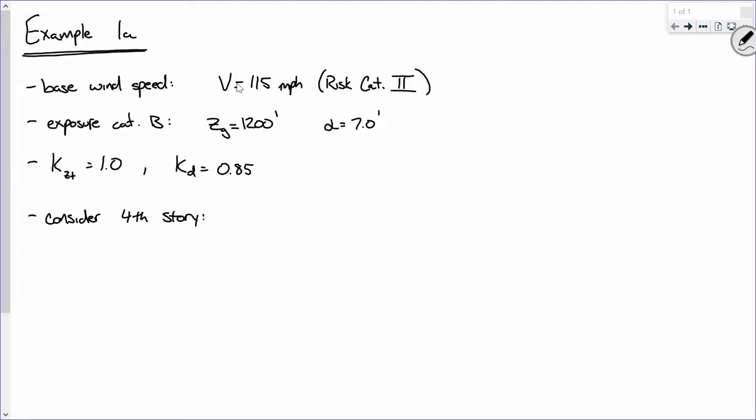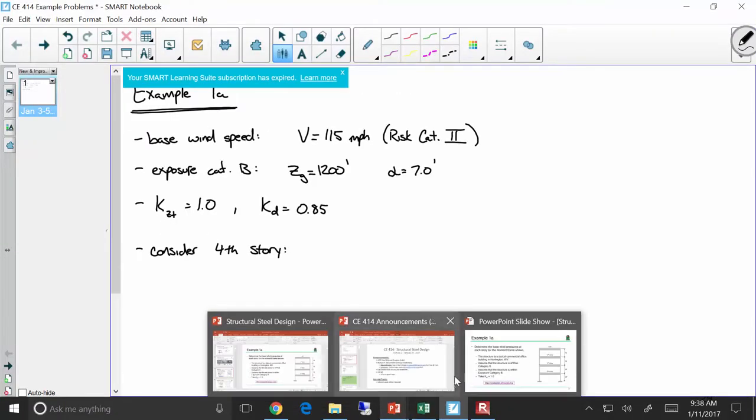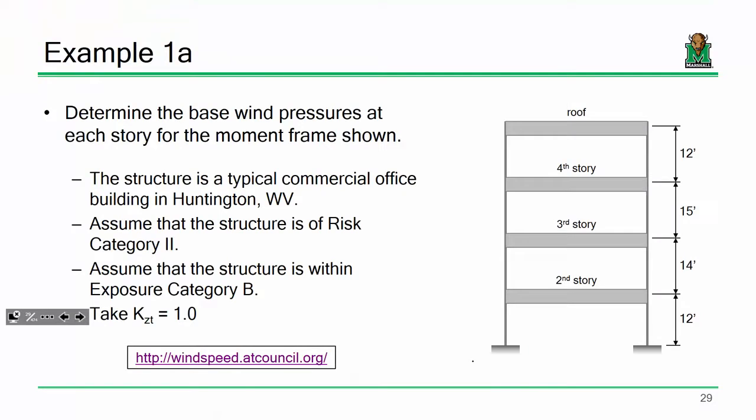All right. So let's consider the 4th story. Now, the first thing we need to determine is Z. Now, Z is the height of the 4th story above the ground. So if I go back to the image here, if we're looking at the 4th story, how would I determine the height above the ground?